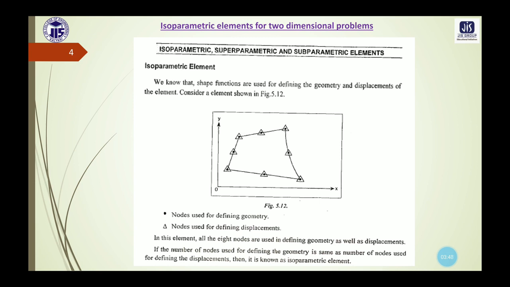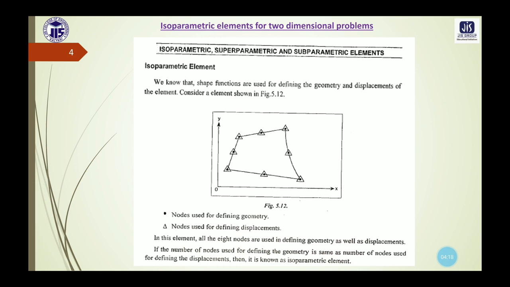Now in this element all the 8 nodes are used in defining geometry as well as the displacements. Now if the number of nodes used for defining the geometry is same as the number of nodes used for defining the displacements, then it is known as the isoparametric element. So again, this is the concept of the isoparametric element.